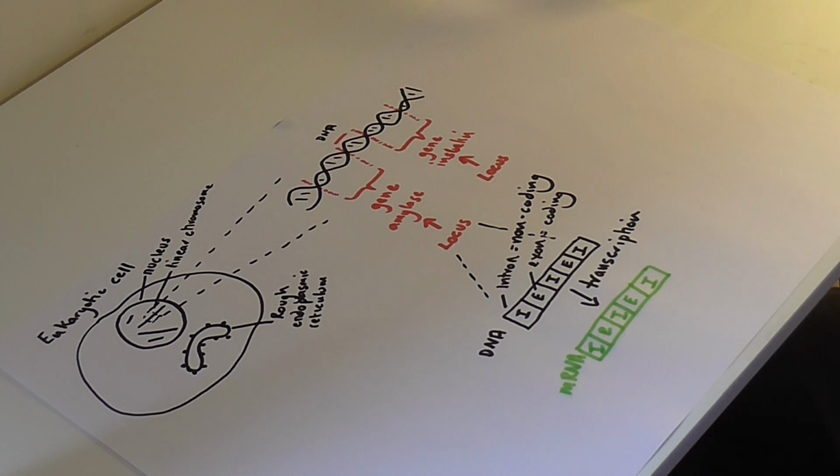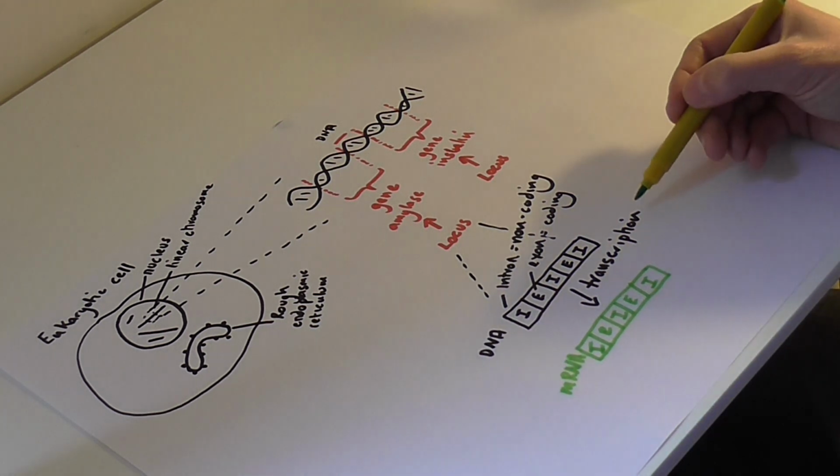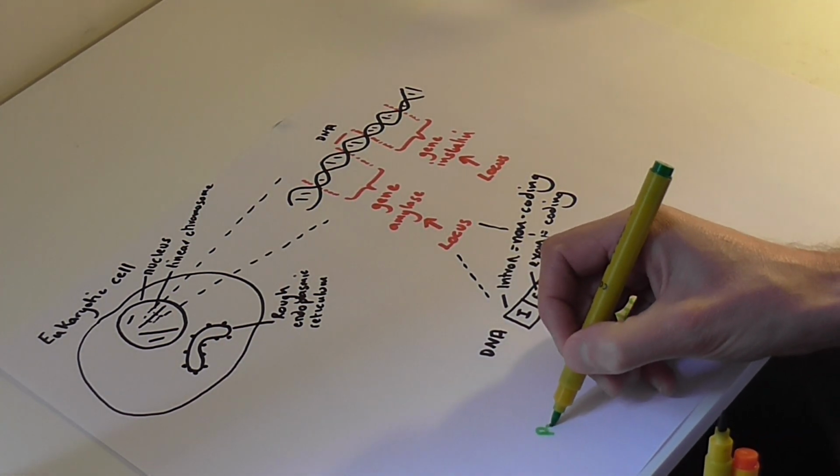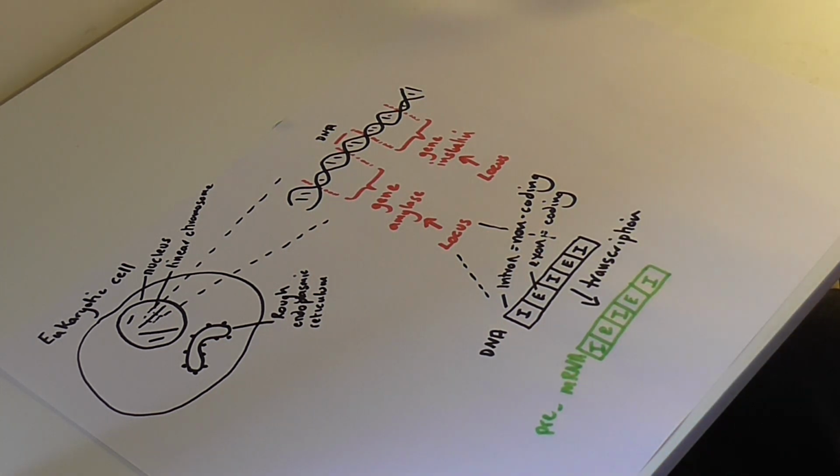We refer to the messenger RNA that's been formed in transcription in eukaryotic cells as initially pre-mRNA. It's called pre-mRNA because at the moment it's not quite ready to be used at the ribosomes in the second stage of protein synthesis, which is called translation, and because it contains those non-coding introns.